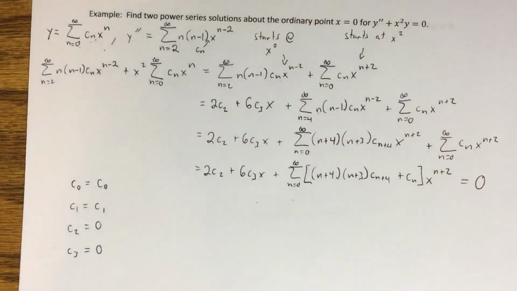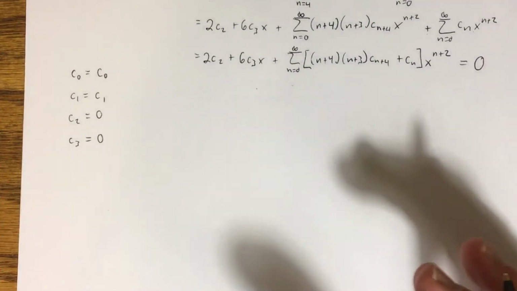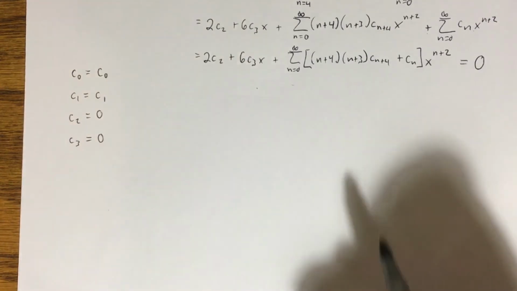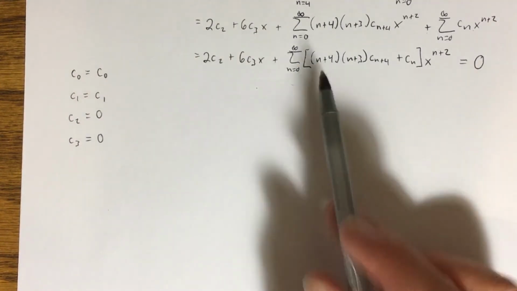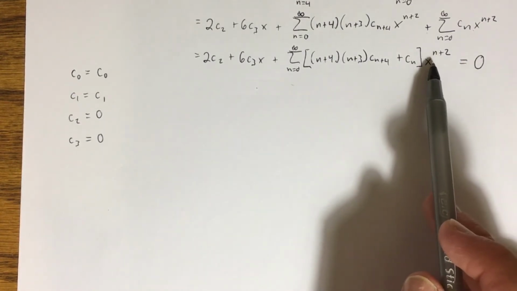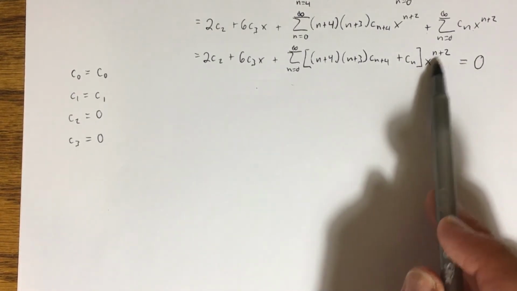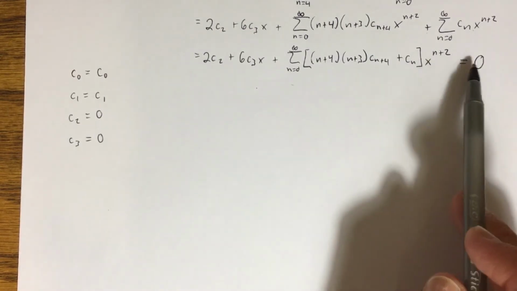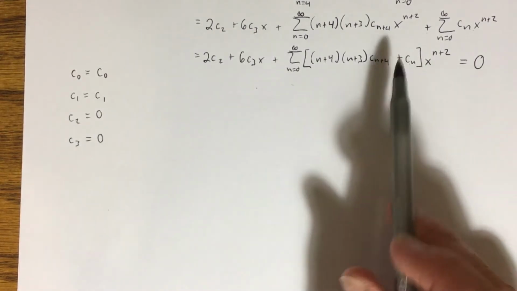From here forward, determining the remaining coefficients requires us to use a recurrence relation, and that's where we go to this guy. This, in square brackets, is the coefficient on my x term that's showing up in that formula, and that has to equal 0 for every term by that identity property.